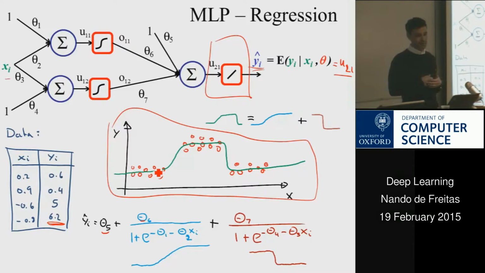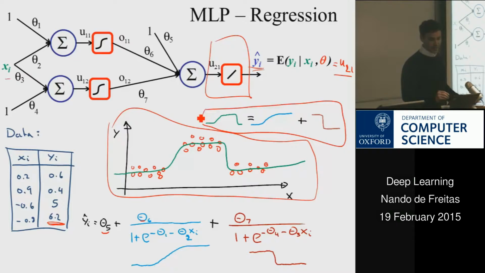We're trying to come up with a green curve that fits the data. Now that's a nonlinear curve, so we're out of doing linear fits. But in a sense, that curve, that bump, can be easily modeled in this way. If we have a function that goes up and one that goes down, then provided that we can make those functions of the right shape and place them at the right place, we can build the bump.